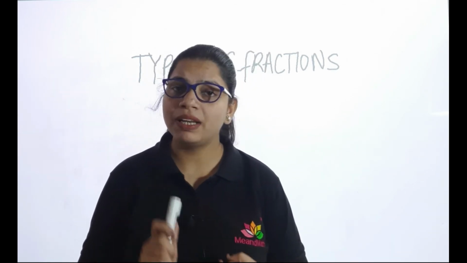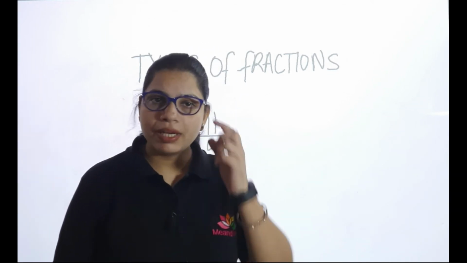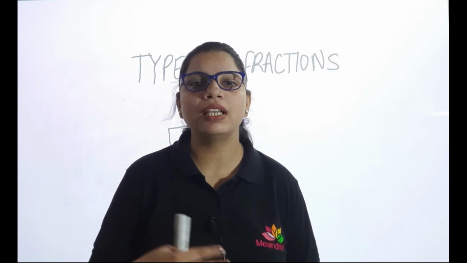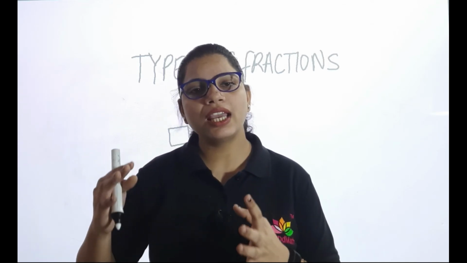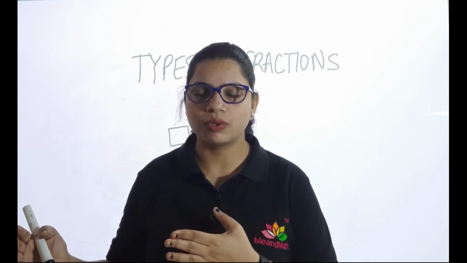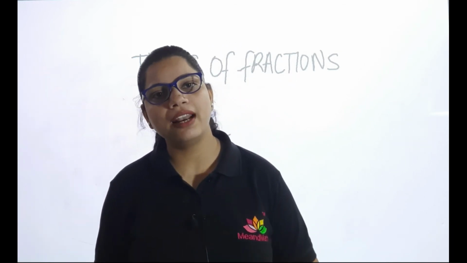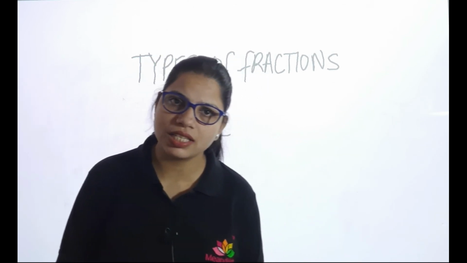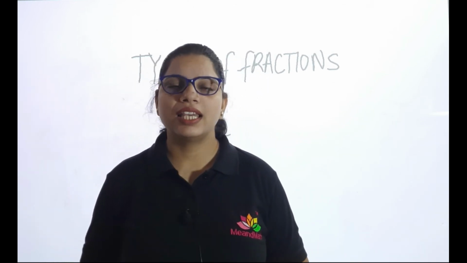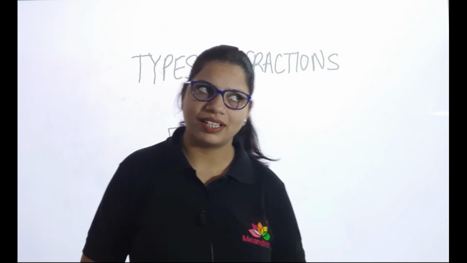For fractions to be like or unlike, there is a group of fractions given to us. Minimum 2 fractions will be there to compare, to tell whether they are like fractions. That means they need to be 2 or more than 2. A single fraction can't be like or unlike.